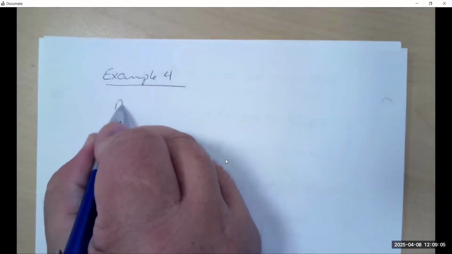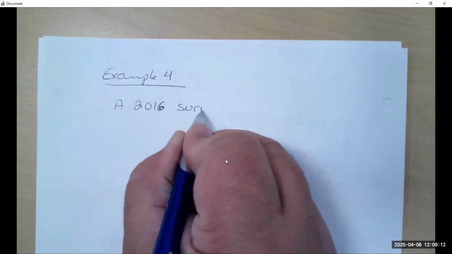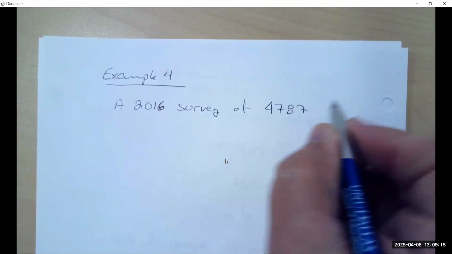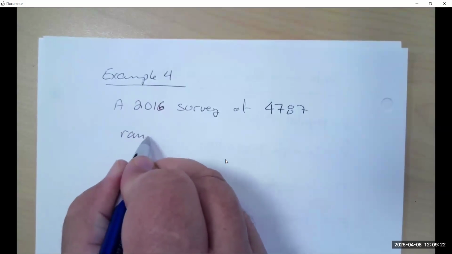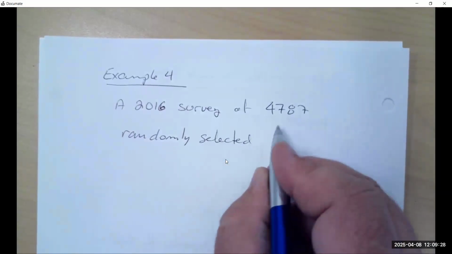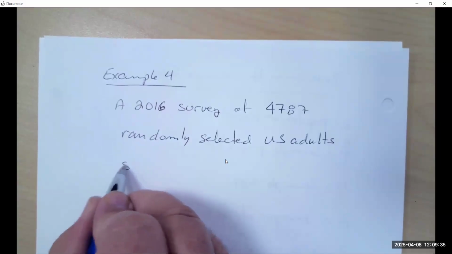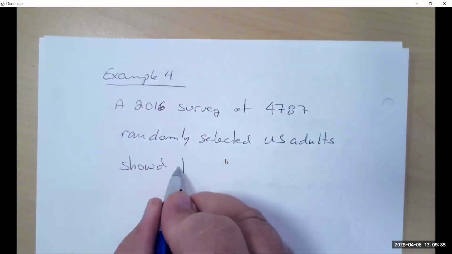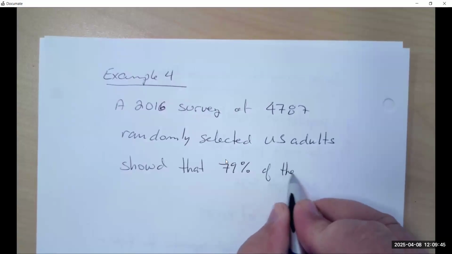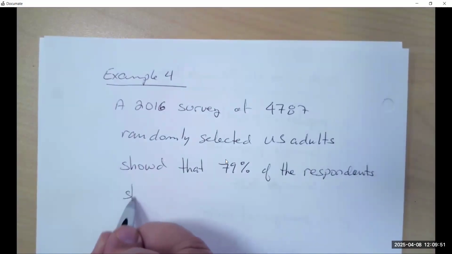A 2016 survey of 4,787 randomly selected US adults showed that 79% of the respondents shop online.